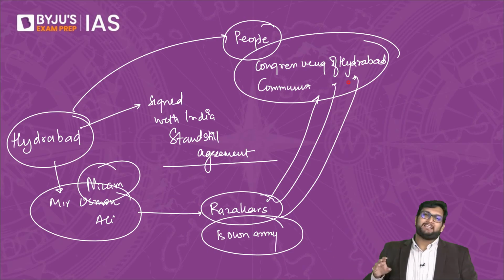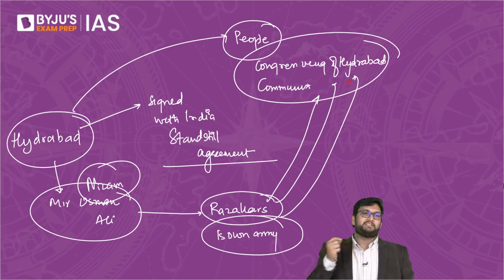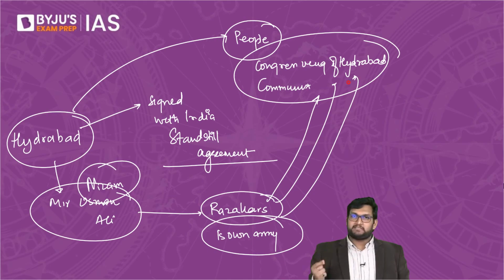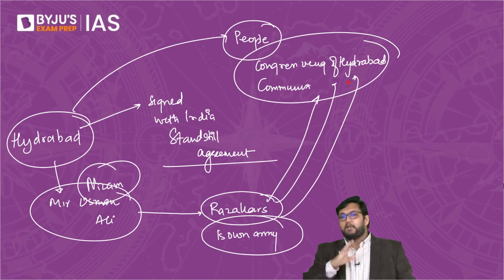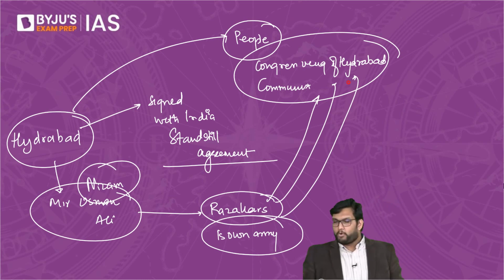And as soon as Patel gets to know that Hyderabad, by signing this standstill agreement, is basically now killing its own people because they want to be part of India, Patel will lose it and he will ask the Indian army to enter into Hyderabad, which is called Operation Polo.